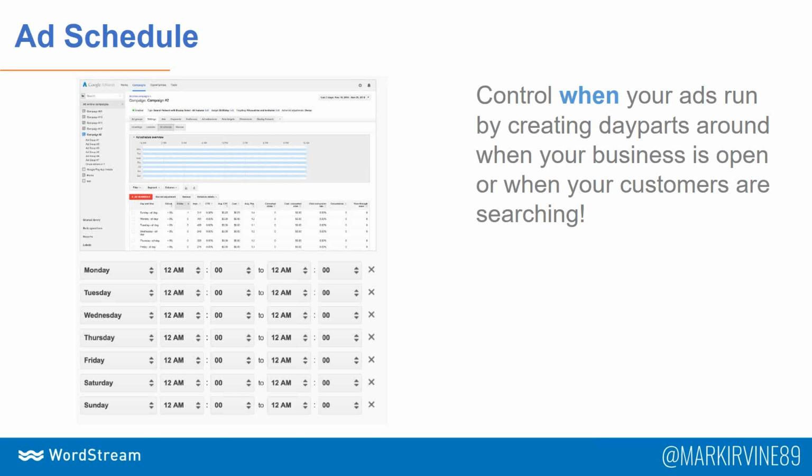If I think my customer set is B2B, I might only want to run Monday through Friday, or only 9 to 5, or I might want to bid more during those working hours and bid less during those off hours, knowing that they're more likely to convert during those particular hours than during those off hours.